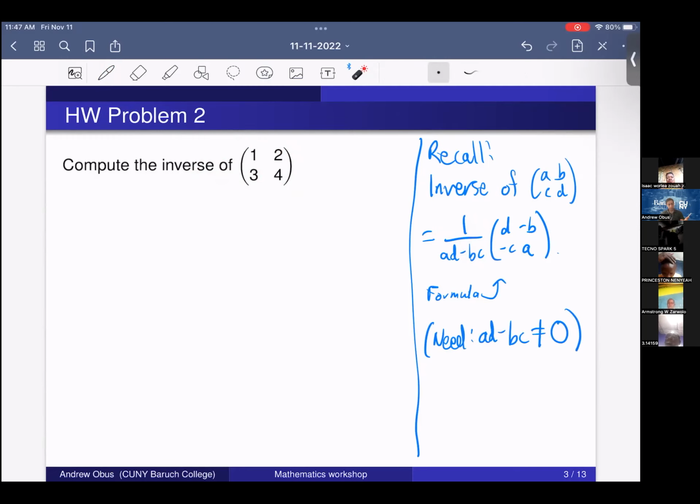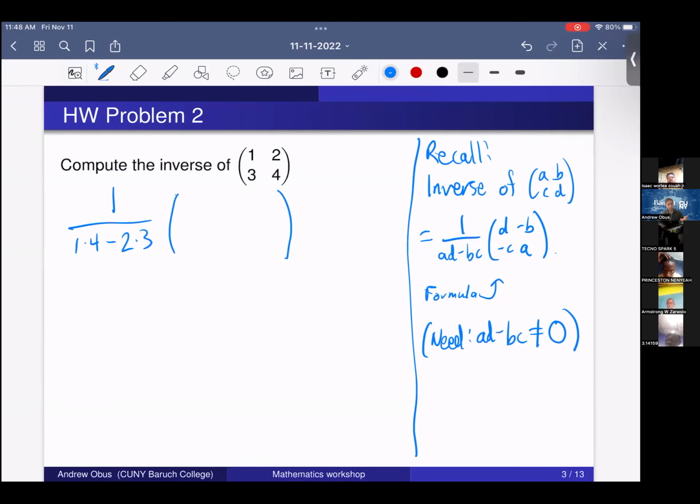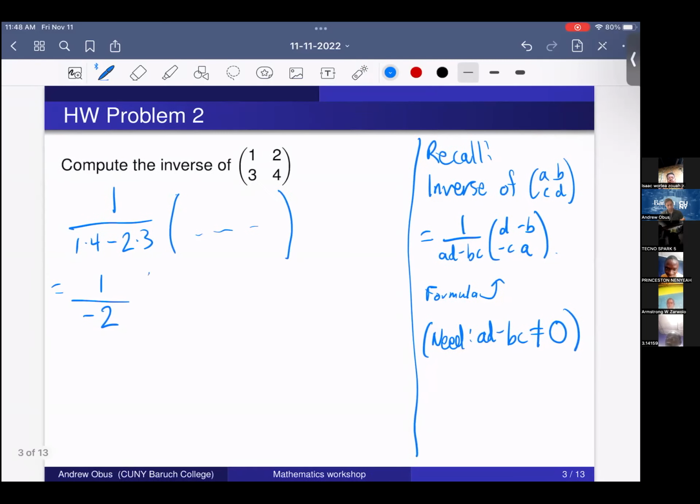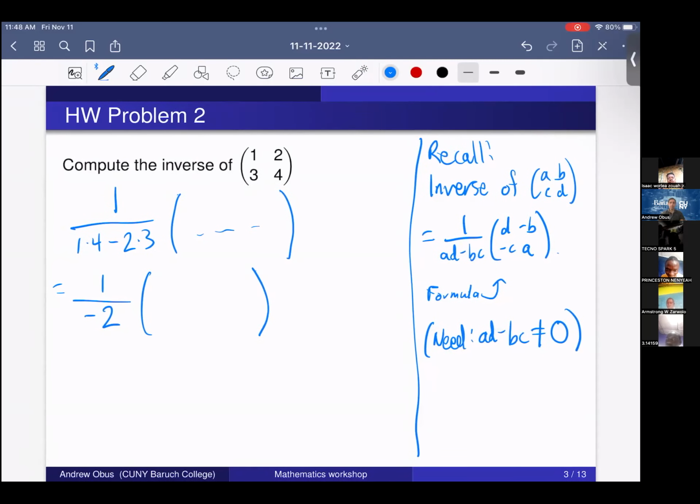It will be equal to 1 over 1 times 4 minus 2 times 3, which will be equal to 1 over... Right, so 1 over -2 is what exactly. 1 over -2, but now we have the matrix also, right? So we need to fill in the matrix. This 1 over -2 is the factor that's outside of the matrix.